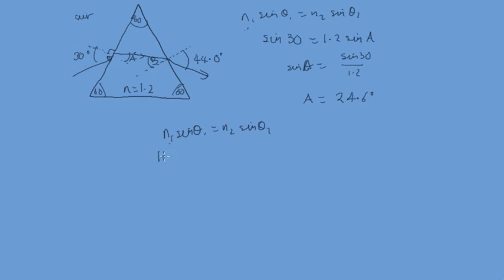So this is now 1.2, and this is now sine B, and that's now 1, and this is sine 44. So sine of B is going to be the sine of 44 degrees divided by 1.2, giving us an angle for B of 35.4 degrees.